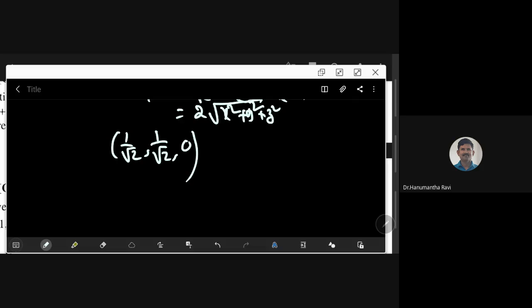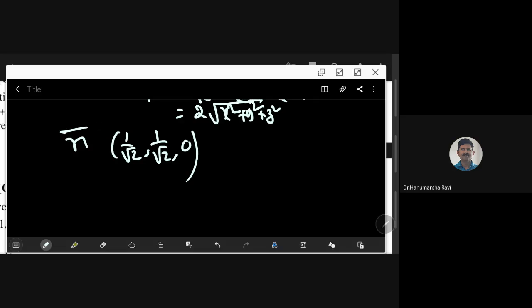If you substitute x = 1 by root 2, y = 1 by root 2, and z = 0 at this point, we are trying to draw n bar.